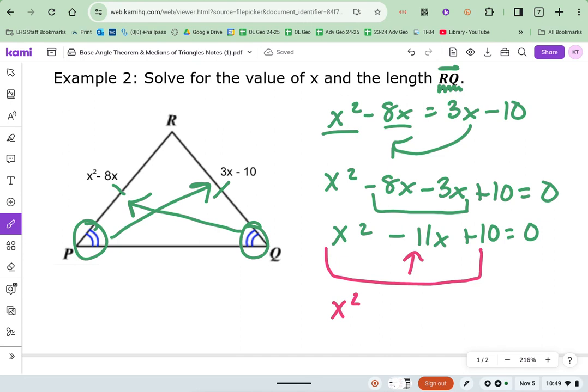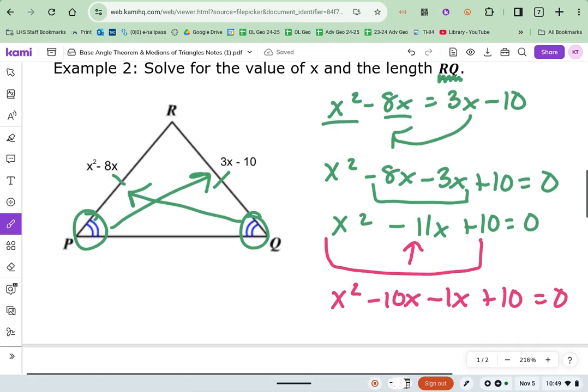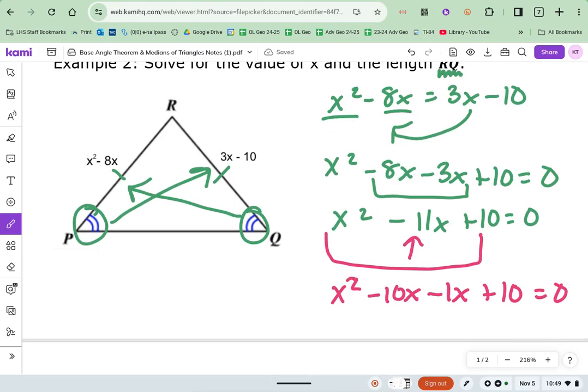So let's see. So x squared, what about minus 10x and minus 1x plus 10 equals 0? So minus 10x and minus 1, those will multiply to positive 10 and add to negative 11. So these first two terms are a group. I pull out the x that they have in common. I have an x minus 10 left over. These second two terms are a group.